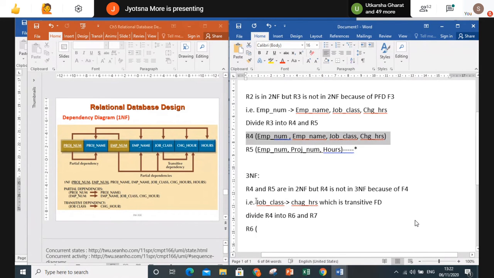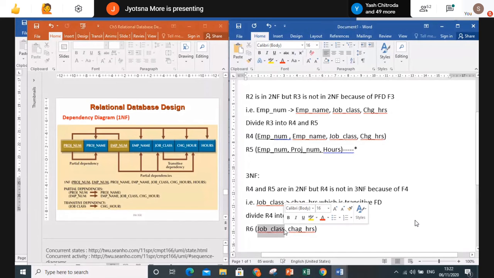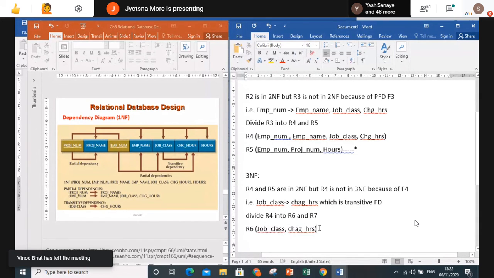As per that, what is our case? Transitive, take that in the first relation: job class and charging hours. Now in this case, non-key is determining non-key. So it is transitive. So I am saying job class is my primary key here, which is not further divided. So I can say this is final.